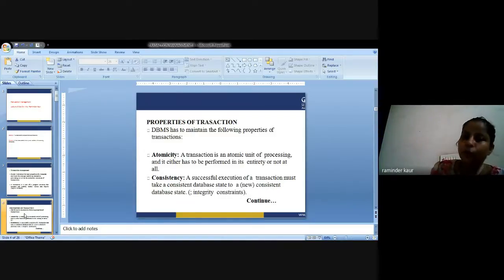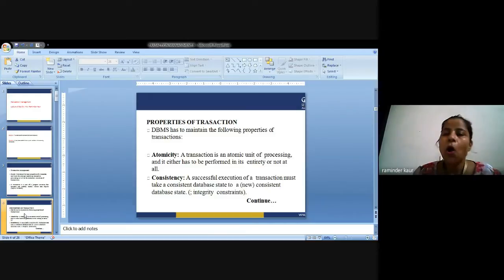Instead of 2050 it shows 2000, and account A shows the updated value, that is 950. So this is the case of atomicity: either you perform the entire transaction or nothing. If you do not entirely complete the transaction, there might be problems. Like this one, 50 rupees are deducted from account A, but they are not added to account B. In the same manner you will encounter problems.